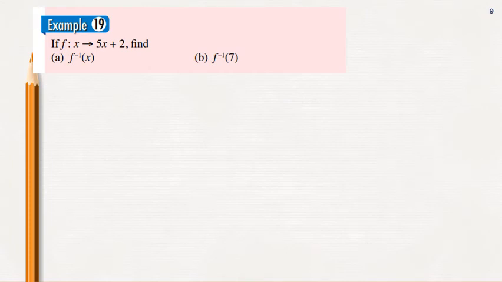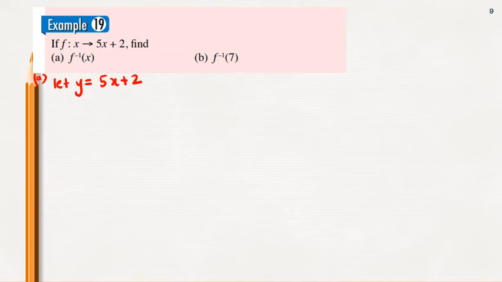This is our answer. Okay, we go for example 19. If fx is equal to 5x plus 2, find f inverse x and also f inverse 7. Okay, so kita akan cari one by one. Okay, so this one nak cari inverse, kita kena let y equal to 5x plus 2.